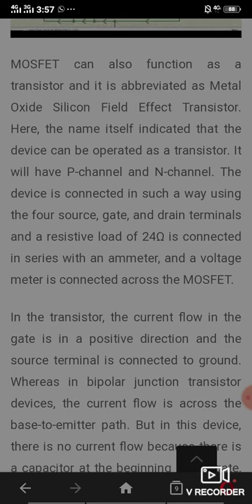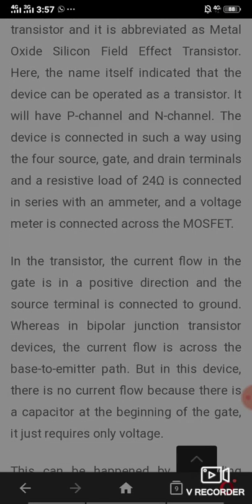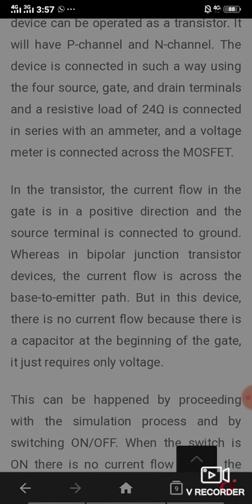Whereas in a bipolar junction transistor the current flows across the base to emitter path, but in this device there is no current flow because there is a capacitor at the beginning of the gate. It just requires only voltage.